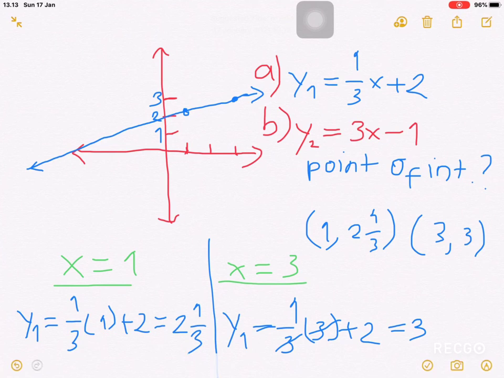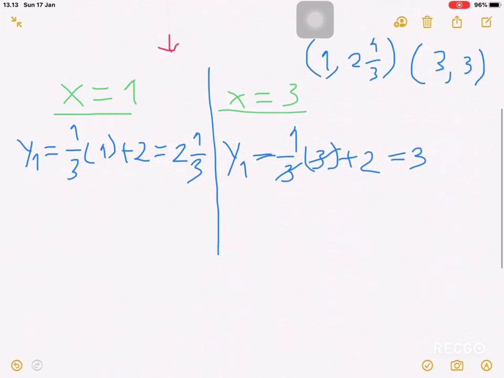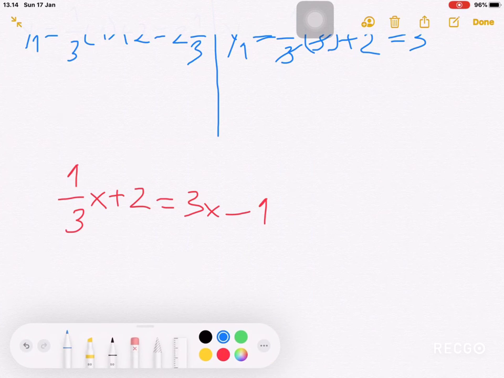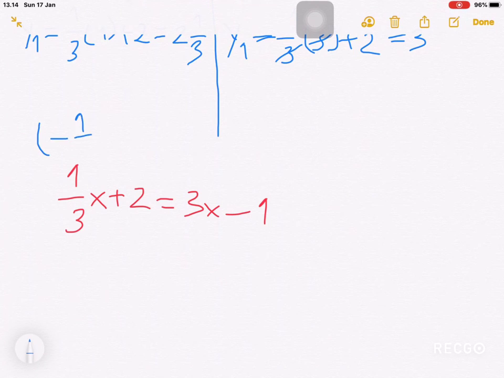So this is pretty simple. You can just set these expressions equal to each other. So we have 1/3x plus 2 is equal to 3x minus 1. And this is just a simple linear equation, and you can work things out quite easily. I'll just write the steps for you guys.